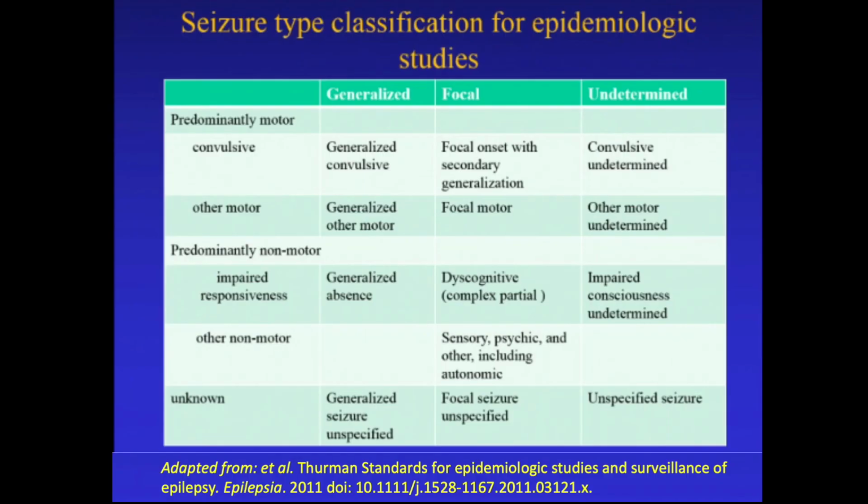Now, this is taken again from that paper, and it's a modified seizure type classification for epidemiologic studies. And I'm just going to make a few comments. I think the seizure classification is one which is likely to be used if one is trying to get information from individuals that don't have full medical knowledge.